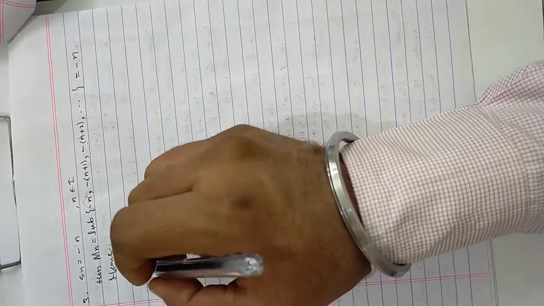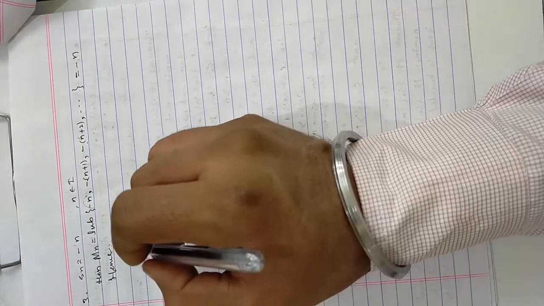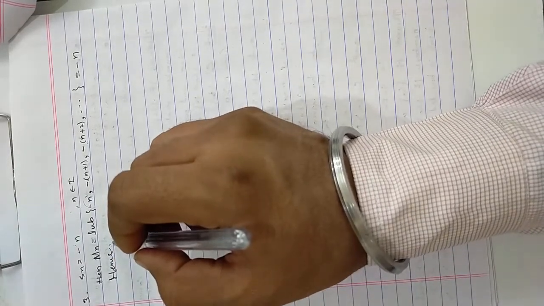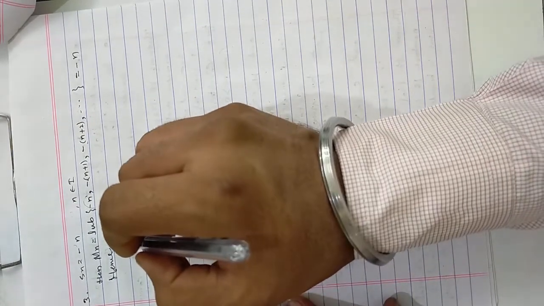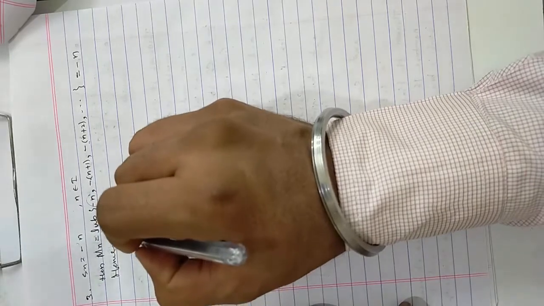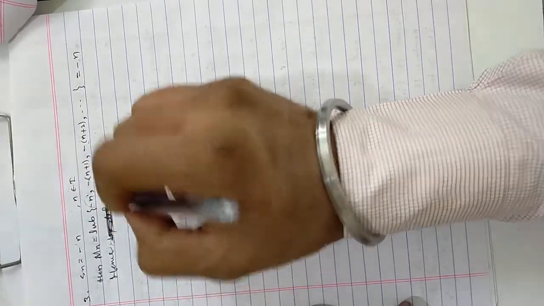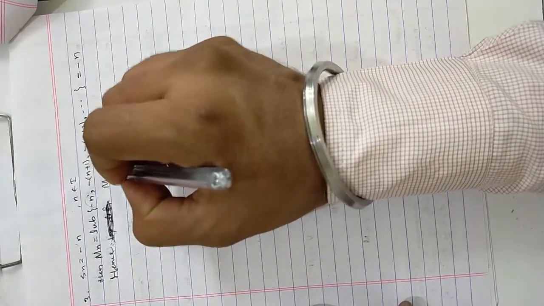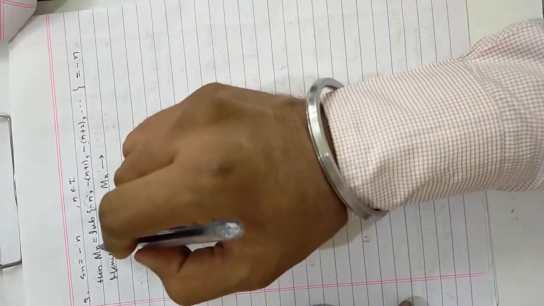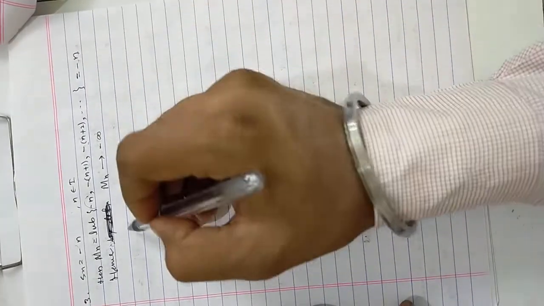Hence, by the definition of supremum, as it is a sequence which diverges to minus infinity, the sequence Mn, as n is very large, diverges to minus infinity.